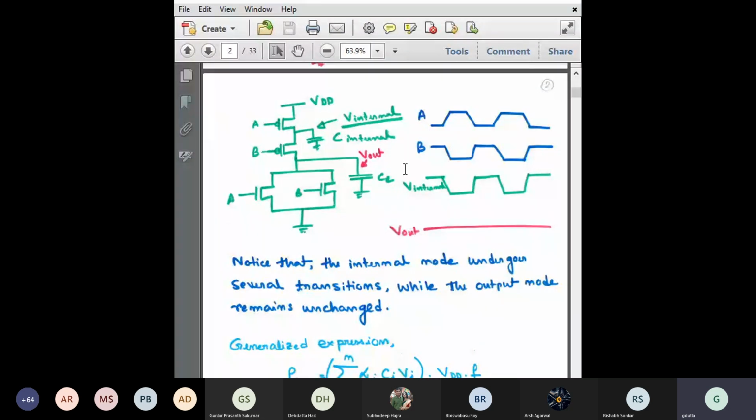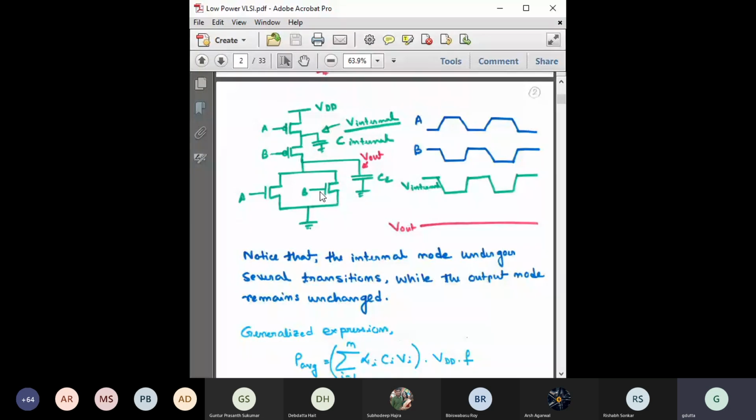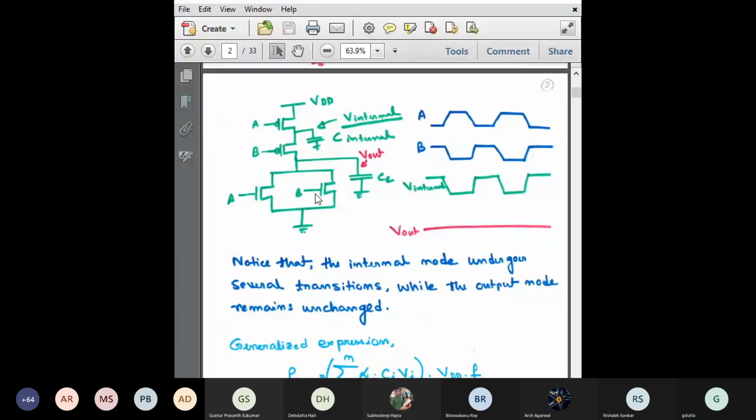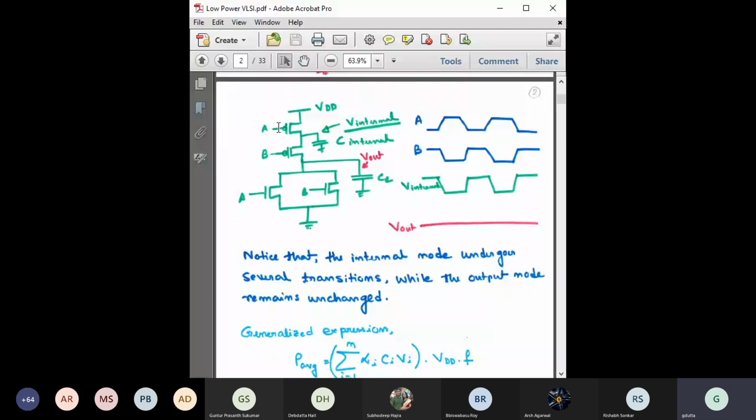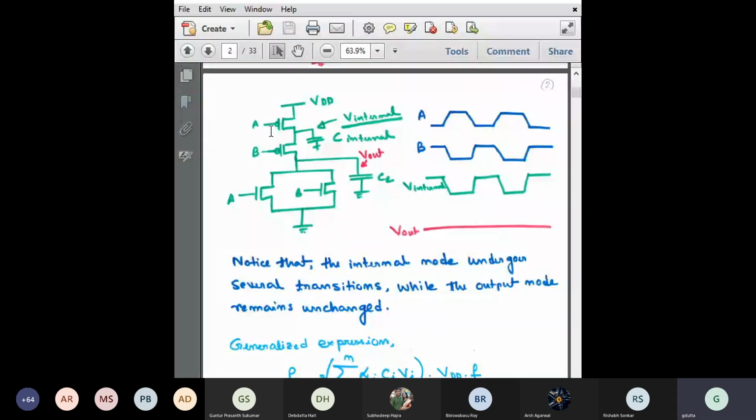See this output waveform. This is what gate? By the way, this is what operation? NAND operation. Is it NAND or NOR? NOR. NAND or NOR? Could you please say it again? NOR.